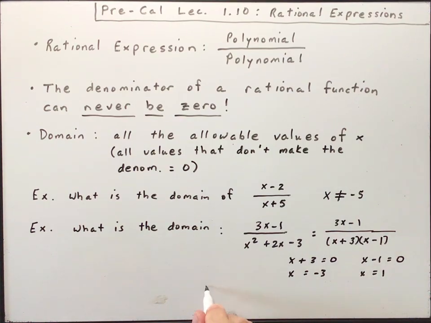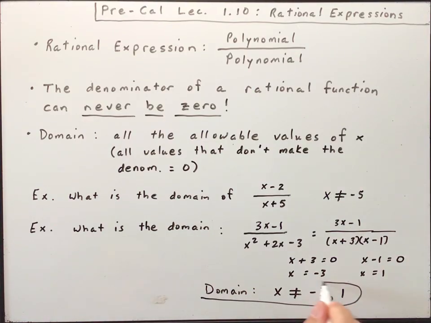So our domain, the way I'm going to allow you to write it in a shortcut fashion, is x cannot be negative 3 or 1. You can just put a negative 3, comma 1. It can be any other number except those two.